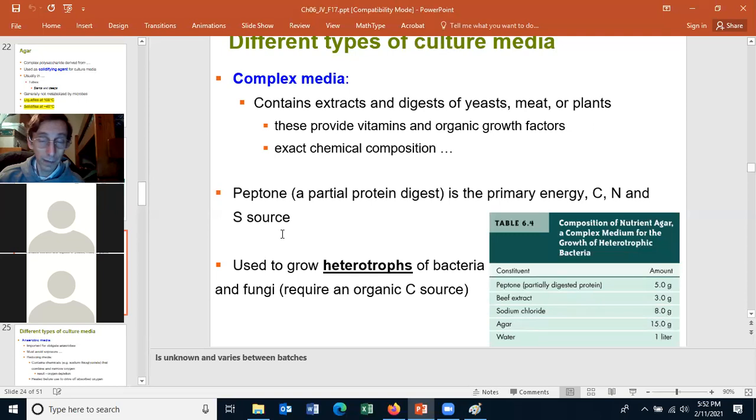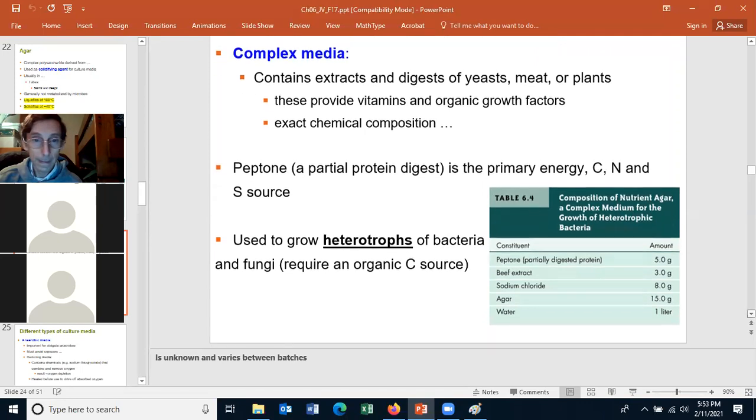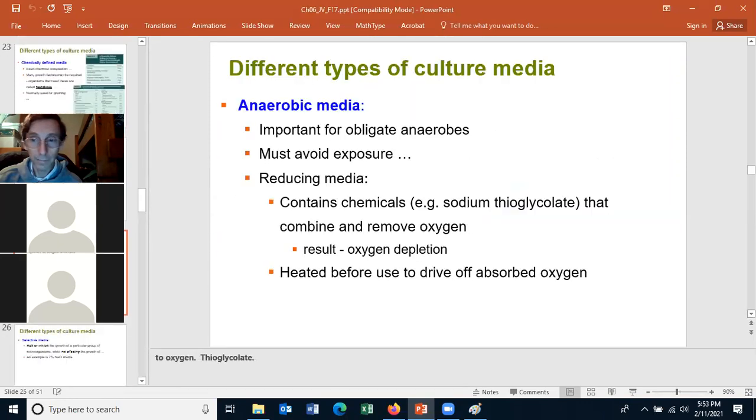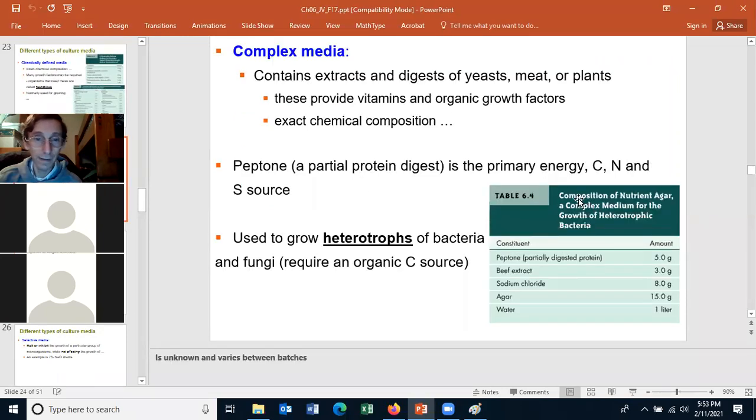Meaning proteins, especially methionine and cysteine, have sulfur in them, and almost all the amino acids have nitrogen. I should reword that and say they all have both carbon and nitrogen in them.